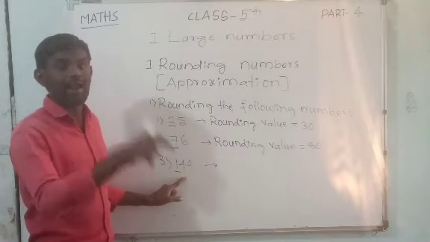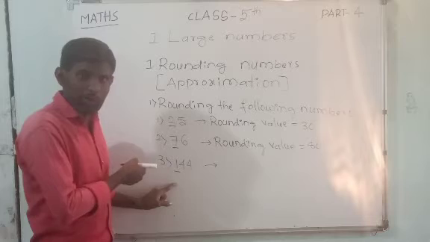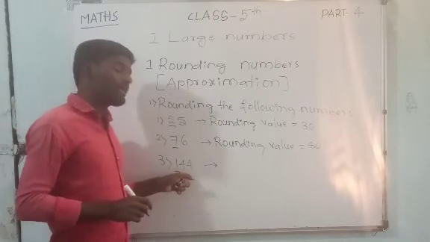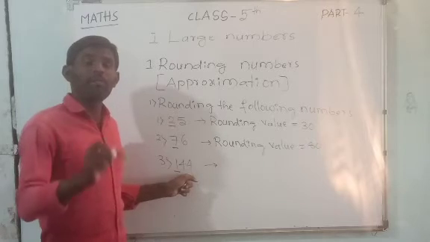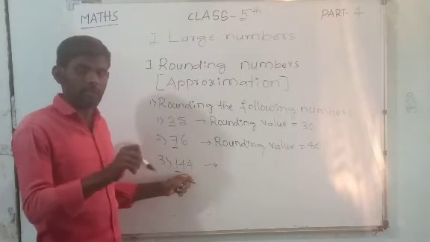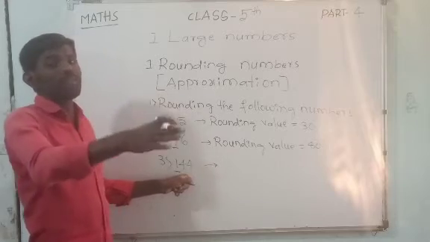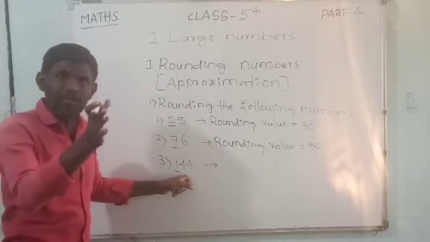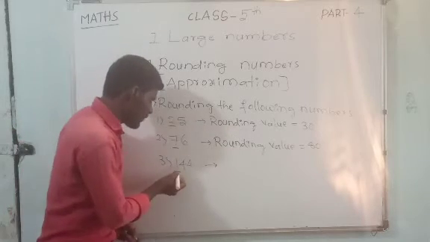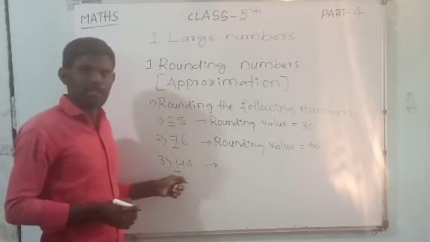If the number in the 10th place is more than 5 or equal to 5, then you can increase one value to the 100 place.